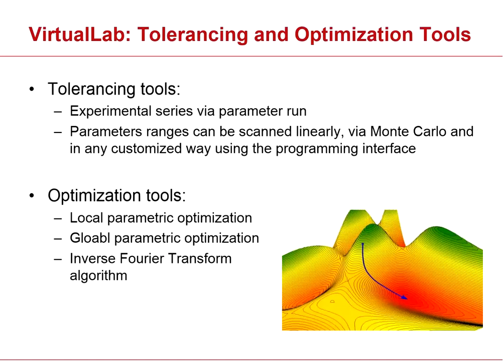There we have again several tolerancing tools, especially the parameter run allows you to scan parameters in linear mode or also in Monte Carlo modes. And VirtualLab always has a programming interface where you can customize all your structures and also the parameter selection for such experimental series. Optimization tools include tools for local and global optimization, and also the inverse Fourier transform algorithm, which is applied for design of diffractive optics, for example.